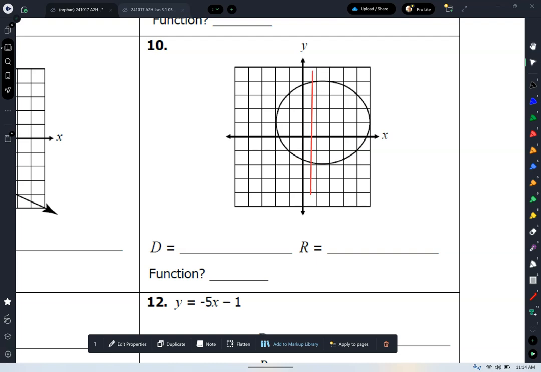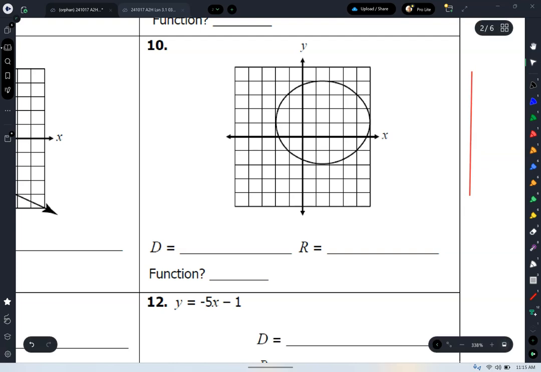No, this is not a function because anywhere from here to here, I'm going to hit that graph more than one time, right? And so that is not a function. Any one example of that makes that not a functional graph, right? That elliptical looking shape there. Okay, all right, good. So I'm going to just set my vertical line over here. So we could say that, no, this is not a function.